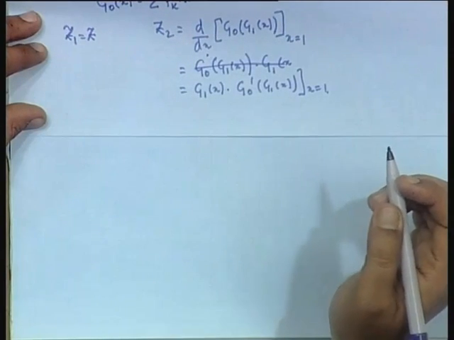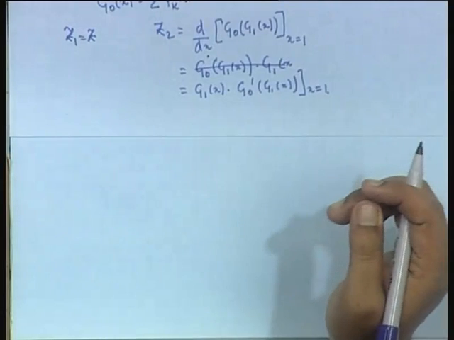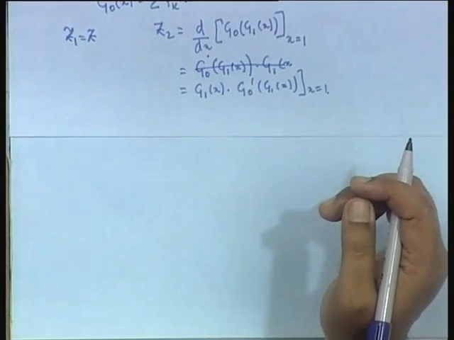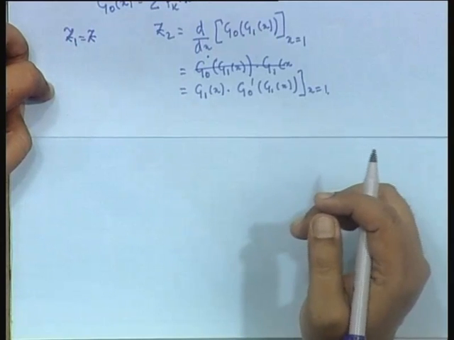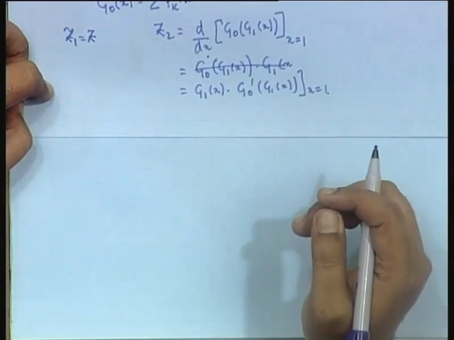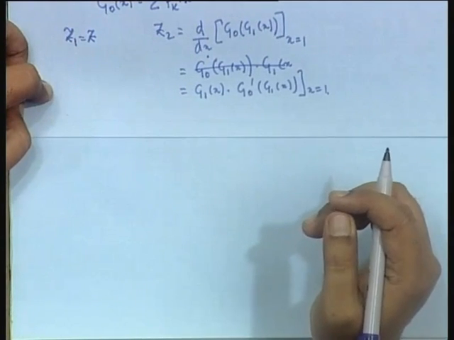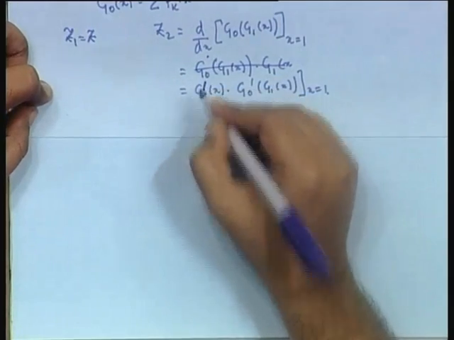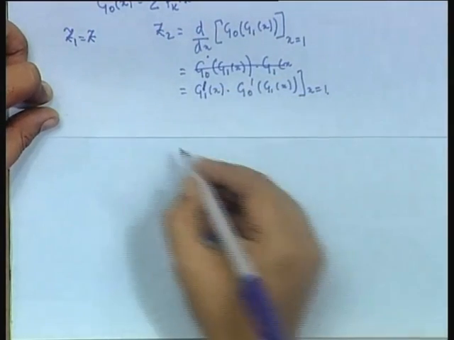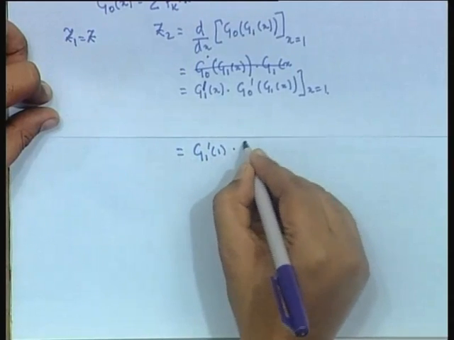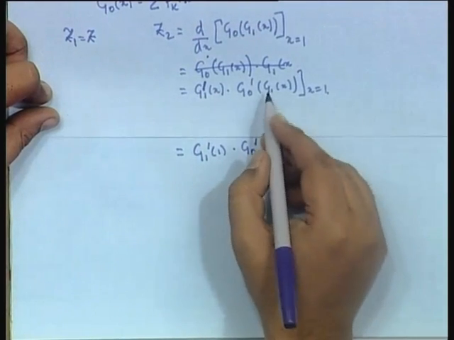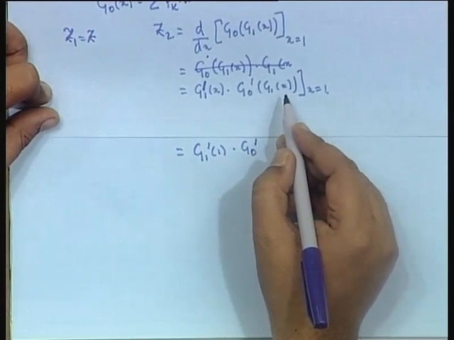Basically, that will be G1 dash x, G0 dash G1x. So then this becomes G1 dash 1 into G0 dash G1 1.